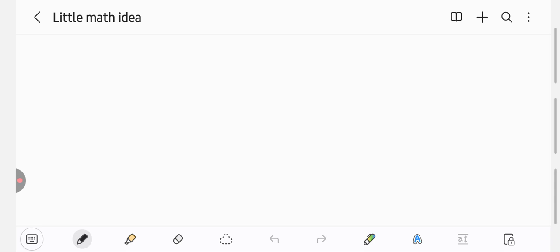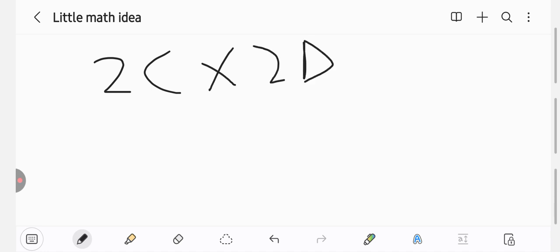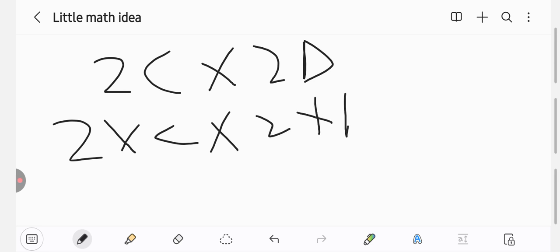So suppose you have 2c times 2d. Now, many smart people think that it is written in this form, 2c times 2d, because that's what it actually is.